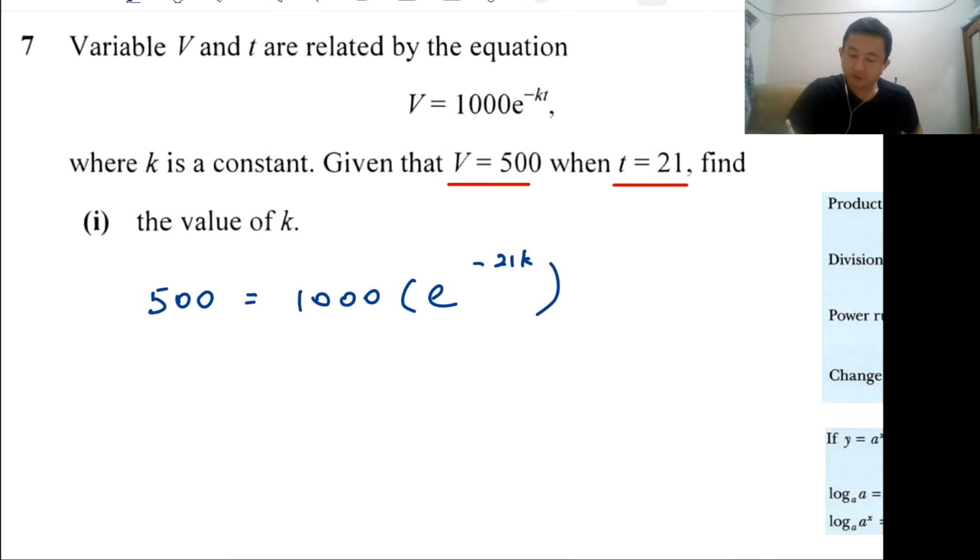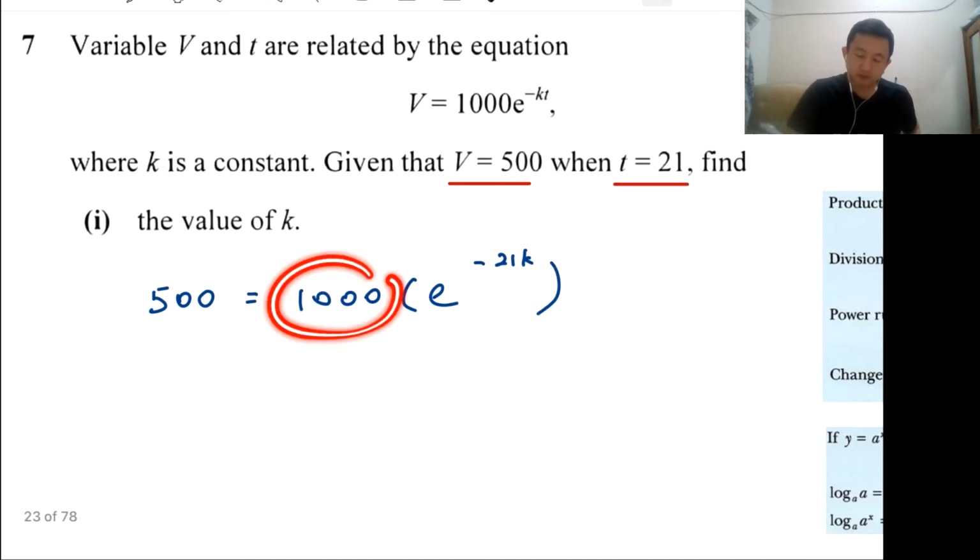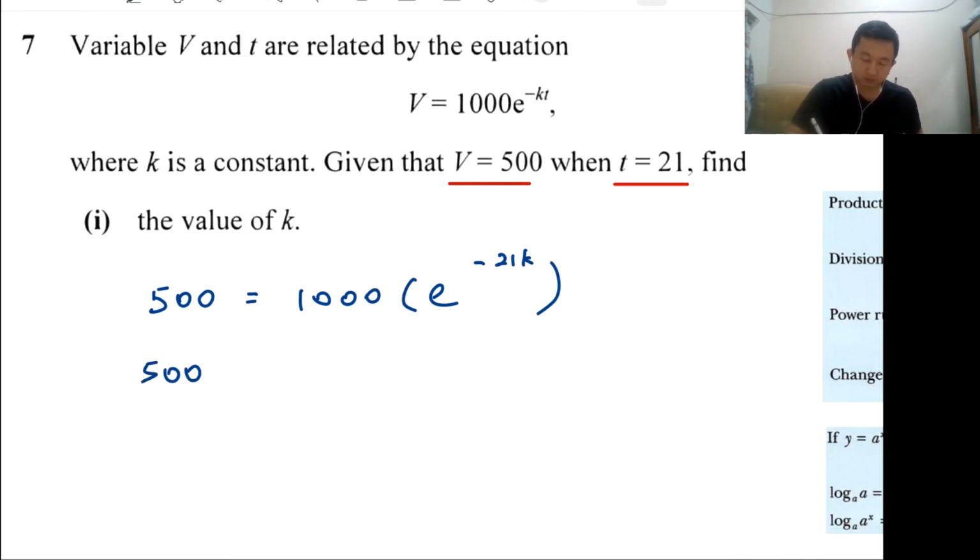Whenever you have to find the unknown, and the unknown is part of the power, you have to use a log to bring it down. But before that, simplify it first. That will be 1 over 2 or 0.5.